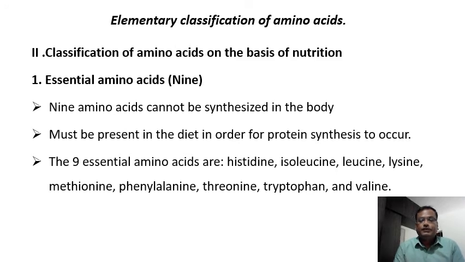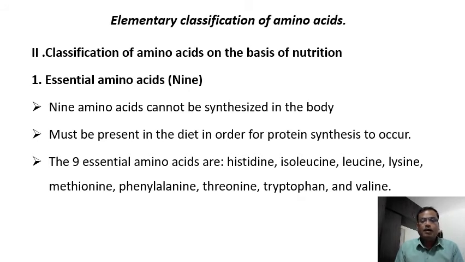Next, the second category is the classification of amino acids based on their nutritive value. Now this classification depends on the nutritional value, like essential amino acids and non-essential amino acids. Now essential means the amino acids which must be part of our diet, because they are not synthesized by our body, but they are required for the functioning of the body.